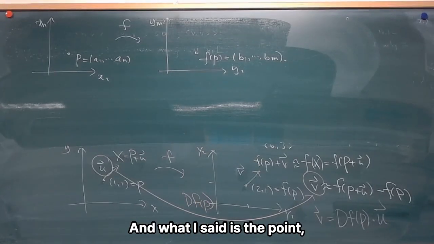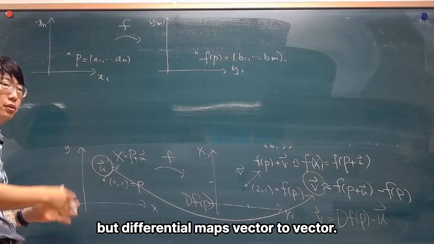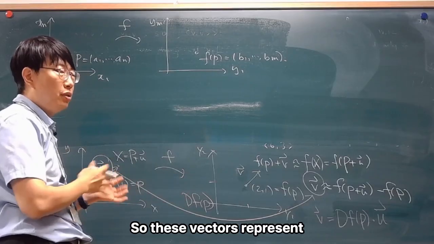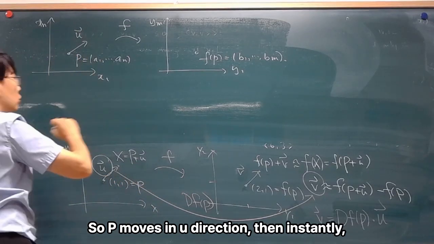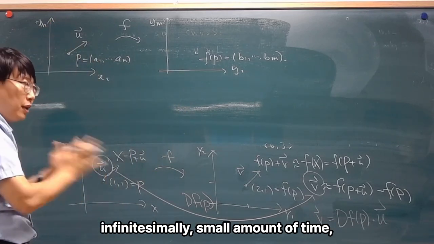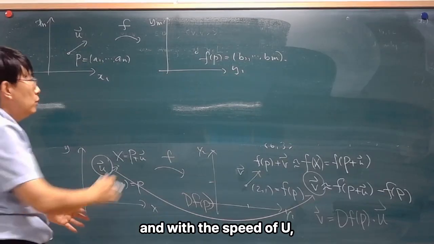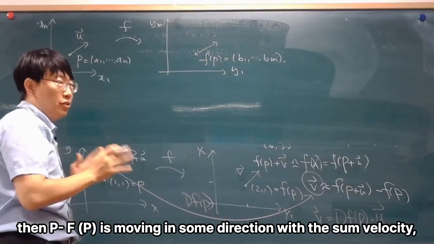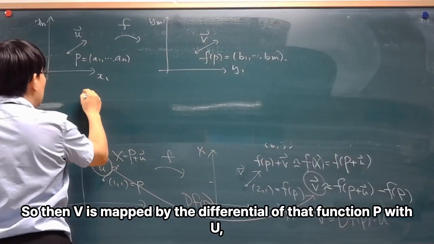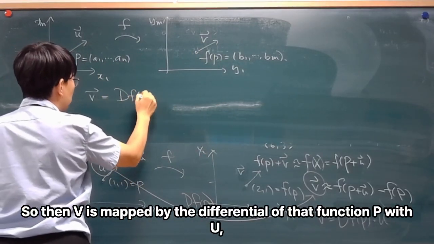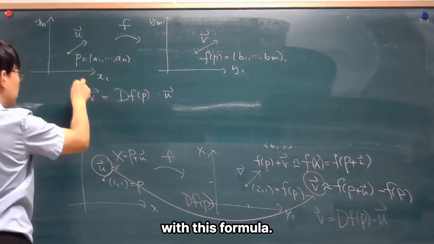And what I said is the function maps point to point, but the differential maps vector to vector. These vectors represent the changes of the points in the domain and codomain spaces. So if P moves in the direction of u, infinitesimally, with the speed of u, then f(p) is moving in some direction with some velocity. Let's call it v. Then v is given by the differential of the function at p applied to u, with this formula.